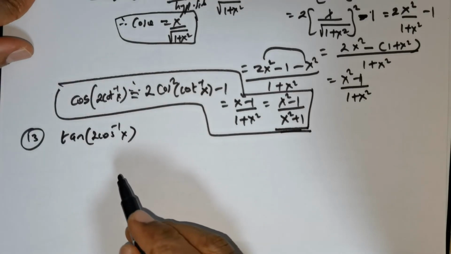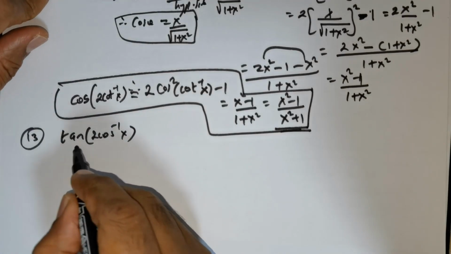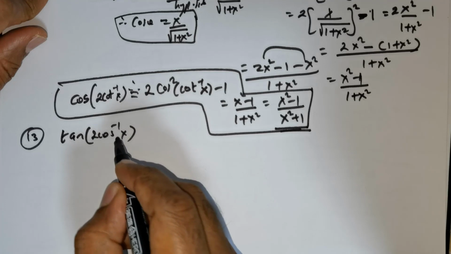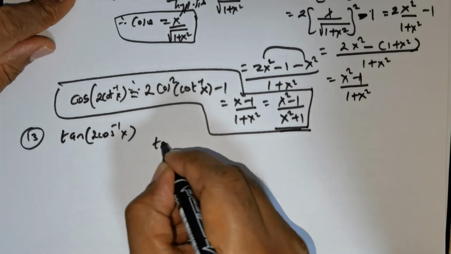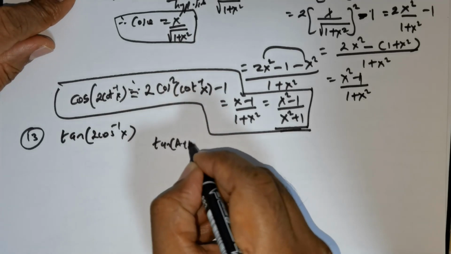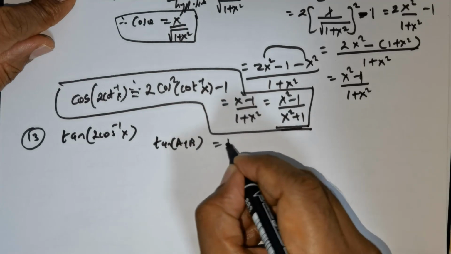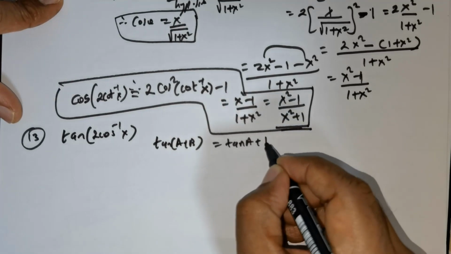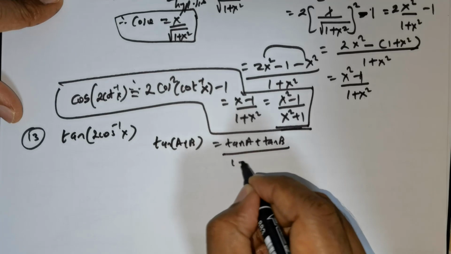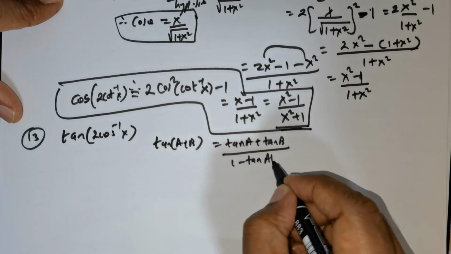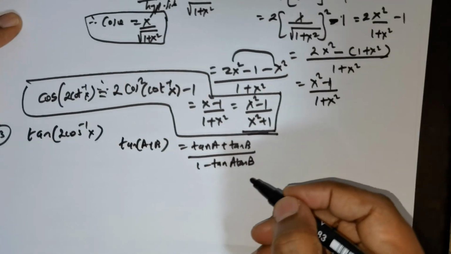We got question number 13. We have to evaluate tan of 2 times cos inverse of x. Now I would like to draw your attention to tan of a plus b, which is tan a plus tan b divided by 1 minus tan a tan b.